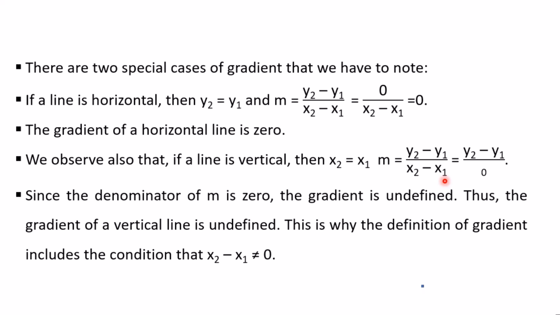This is why the definition of gradient includes the condition that x2 minus x1 should not be equal to 0, because the moment x2 minus x1 is equal to 0, our gradient will be undefined. A practical example is the gradient of a vertical wall. In that case, x2 and x1 are always the same. So our gradient there will be undefined.